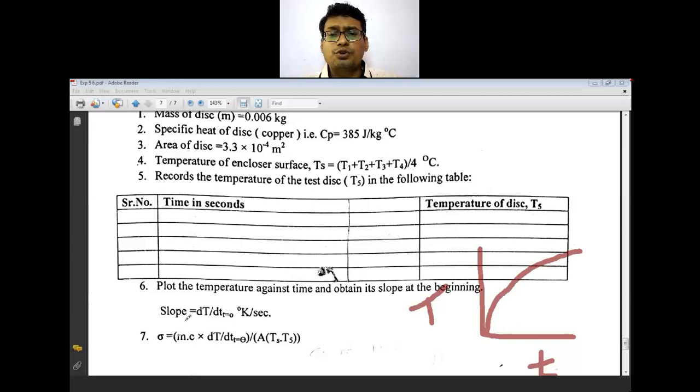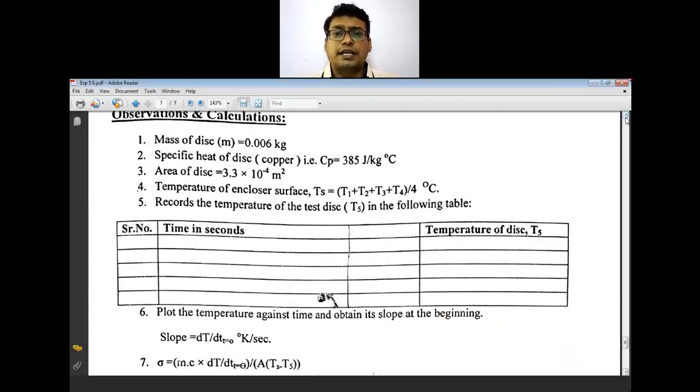Then I am going to find dT/dt at time t equals 0. That means for t equals 0, I am going to take the slope of this line. The parameters related to the disk are mentioned: the mass of the disk is 0.006 kg, the Cp of the disk is given, and the area of the disk is mentioned.